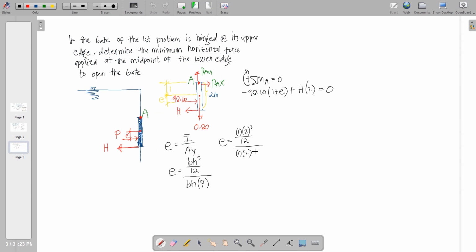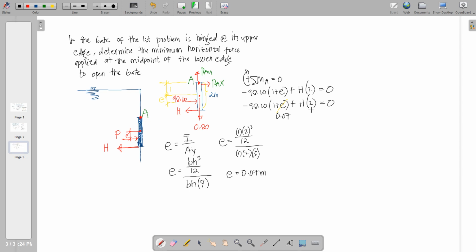So this is 5 meter. So with that, we can compute for the value of E. E here would be equal to 0.07. We just simply copy this equation and replace E equal to 0.07.